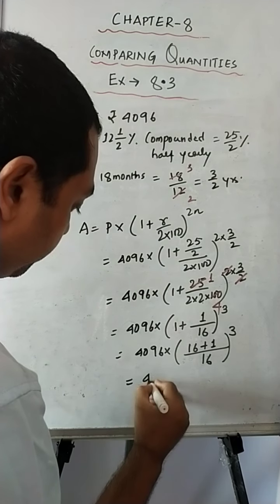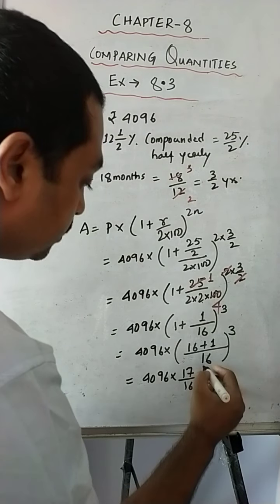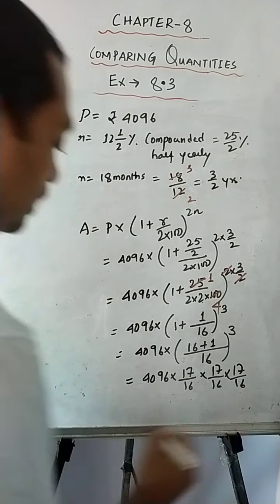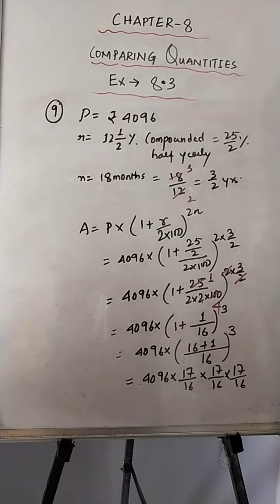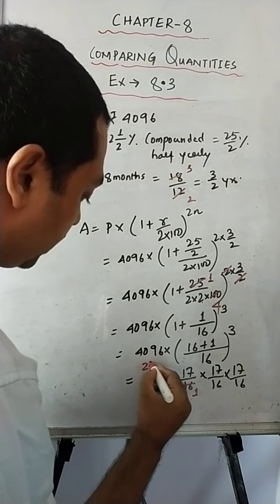Okay, so that would be 4096 into 17 by 16. Now 3 times you have to write 17 by 16. Now let's reduce this. This number can be reduced by 16, so the answer would be 256.